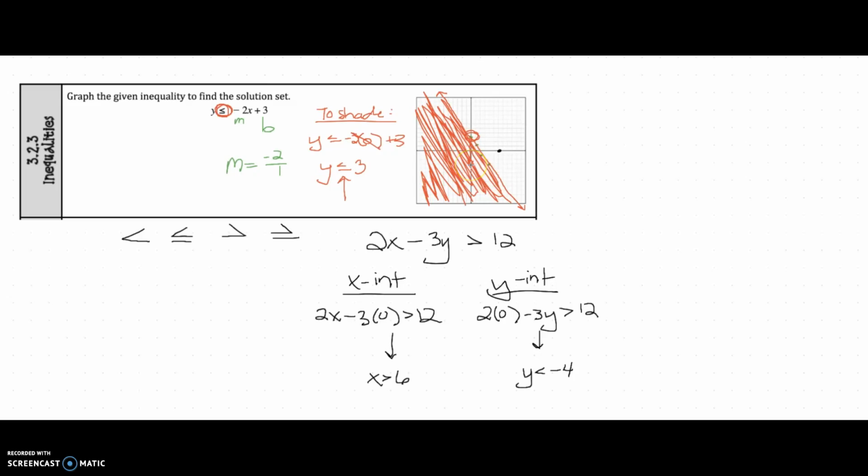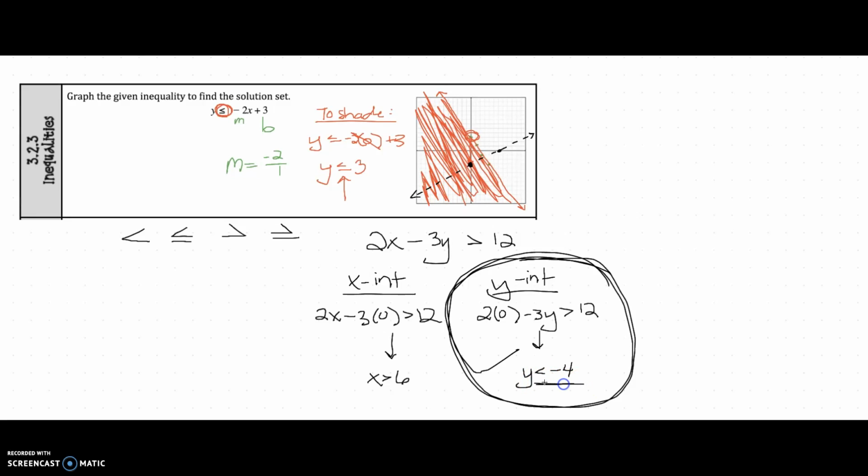So y is -4, which is about here. And then we would connect our dots in a line. All this work tells you where to shade. So you look at your final step, it says y is less than -4, so we would shade below this line, which is all of this side.